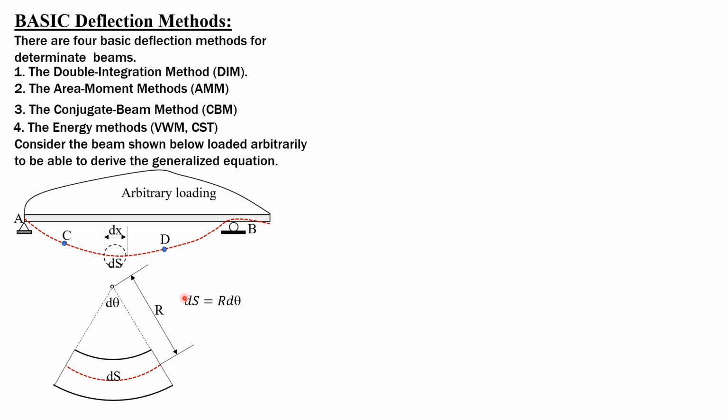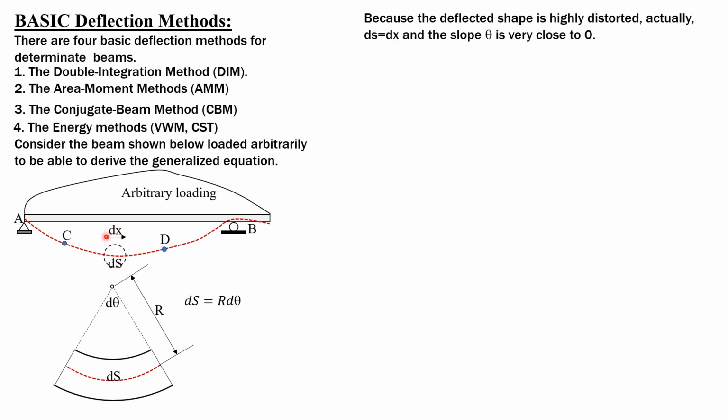So since from geometry, the arc length is equal to the product of the radius of curvature and the central angle, d theta, and I hope you know that from s equals r theta from geometry or trigonometry, then because the deflected shape is highly distorted, ds is practically equal to dx, and the slope theta is very, very close to 0.